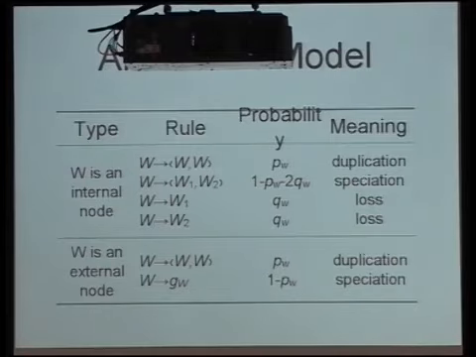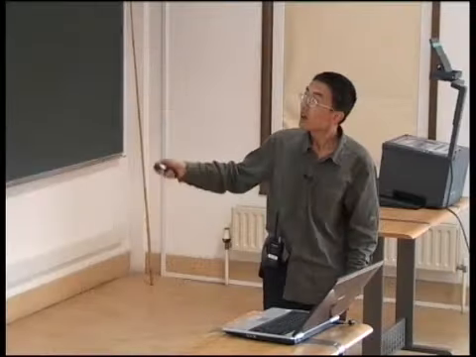Basically, we remove the null states, and this represents a gene loss and duplication speciation. With this alternative model, we can apply the inside algorithm to calculate P of G given S, and we can also do the parameter estimation for all these parameters. And these parameters can be different for different nodes.